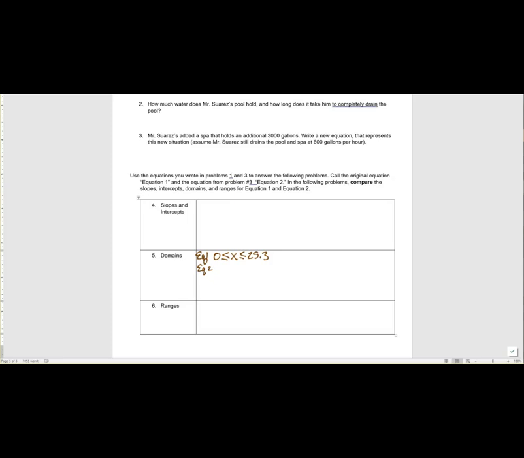And in those situations, we do want to state a domain in terms of an inequality. Also remember X, and I guess I really should be using H here. No, it's X and Y, isn't it? Okay, so sorry, yeah, that was right. Okay, but for equation 2, it can drain for up to 30 1/3 hours before it's empty, so it can't really drain any longer than that because there's no water to drain.